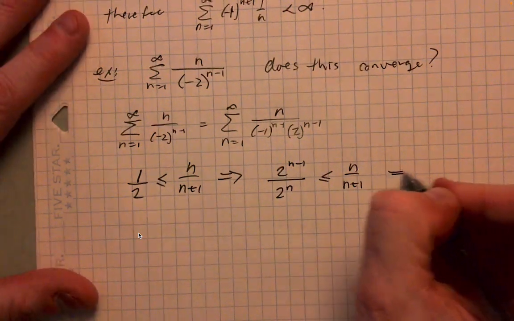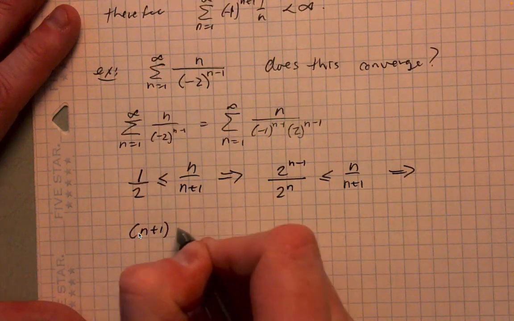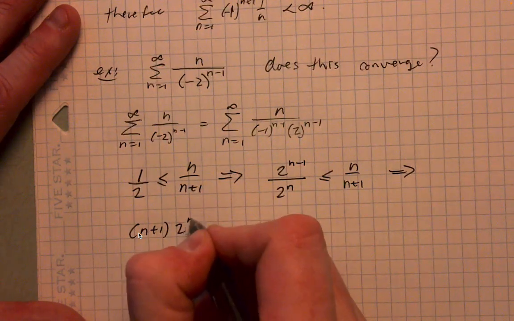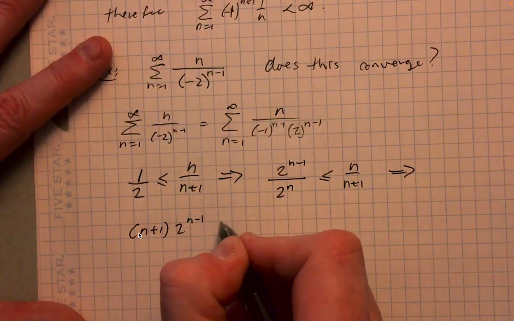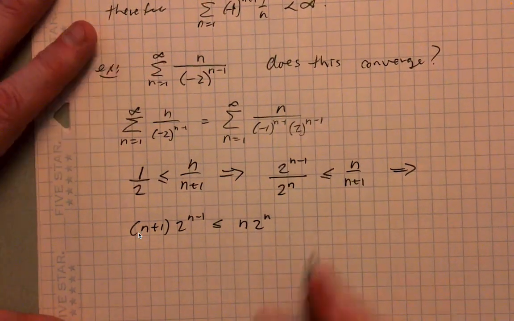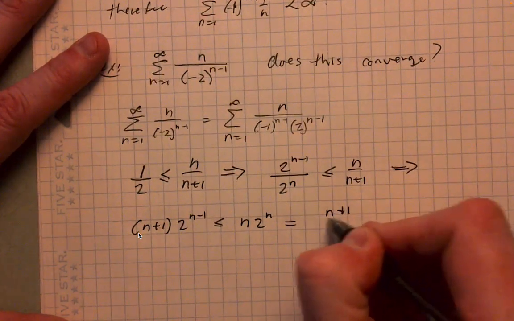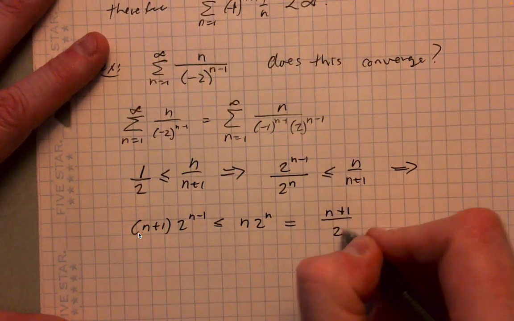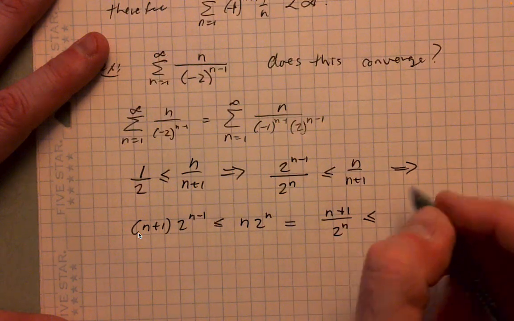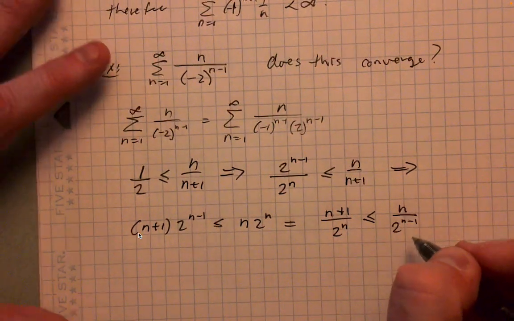We can do a little algebra on this, and we can see clearly that n plus 1 times 2 to the n minus 1 is going to be less than or equal to n times 2 to the n. Okay, and then from this it quickly follows that n plus 1 over 2 to the n will be less than or equal to n over 2 to the n minus 1, right?